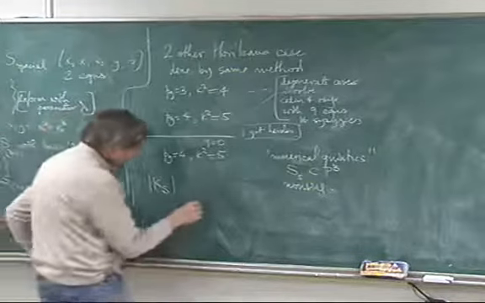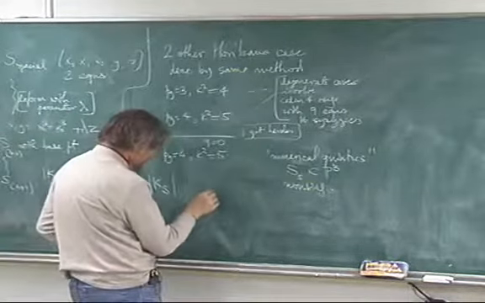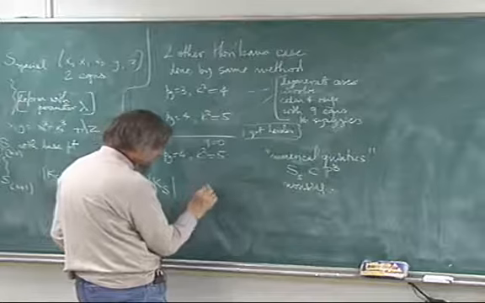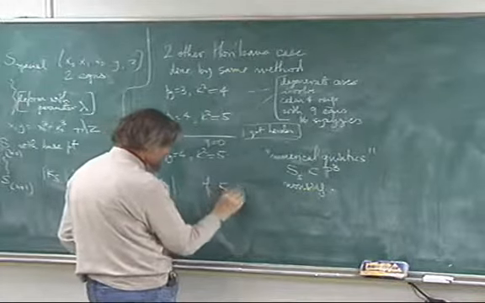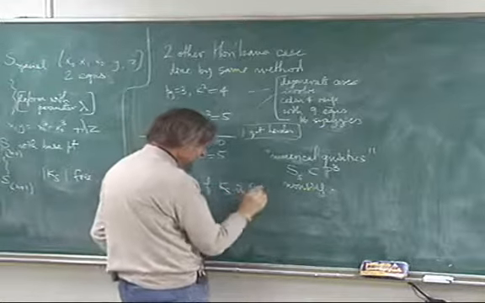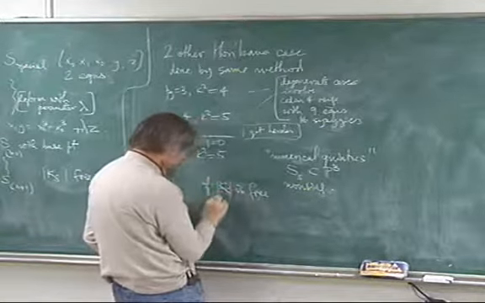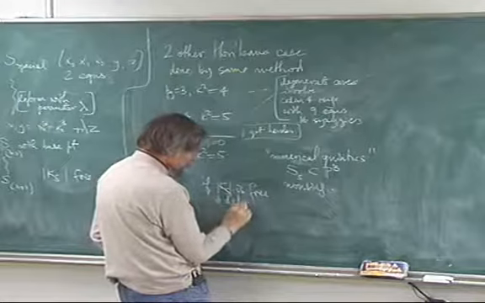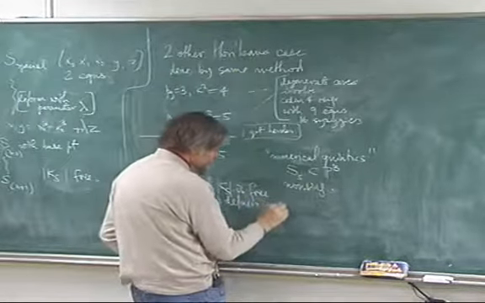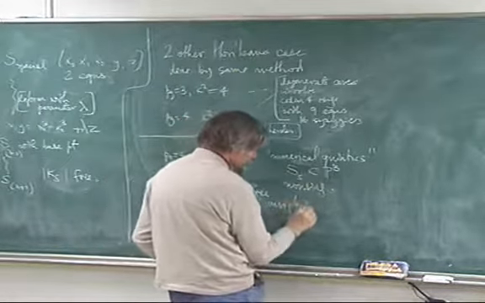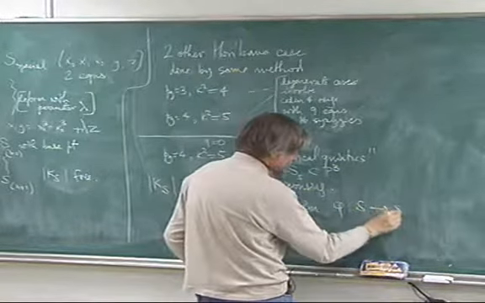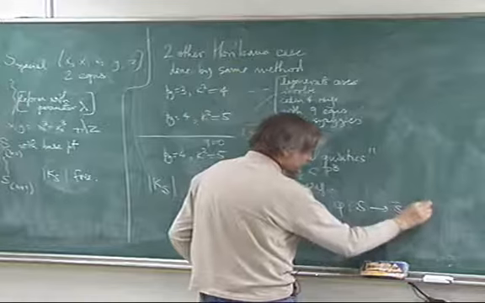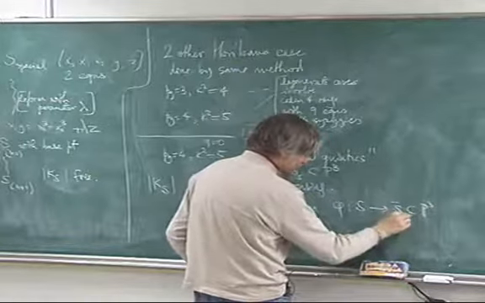Then you can show that if |K_S| is free, it defines a morphism phi from S to S bar in P3, and this is still a quintic, right?